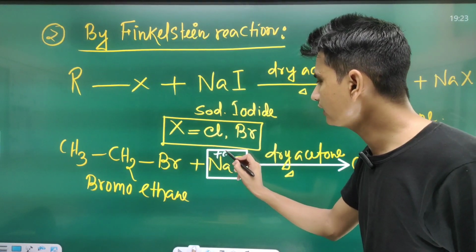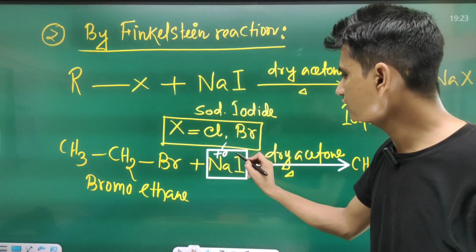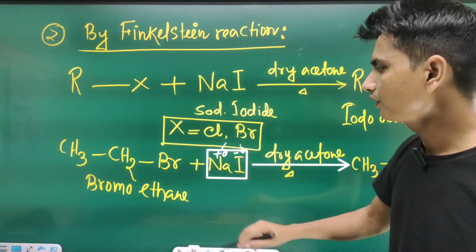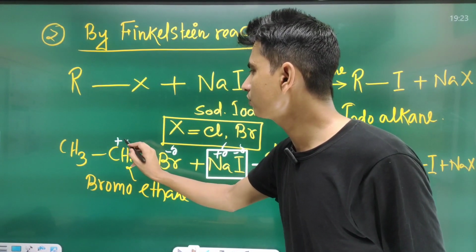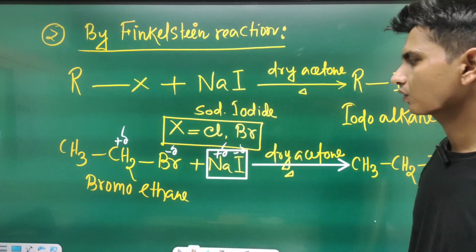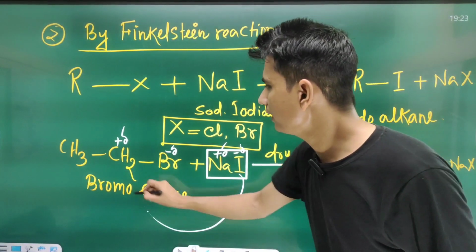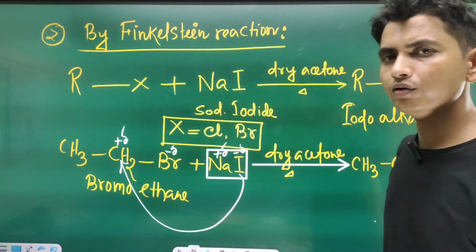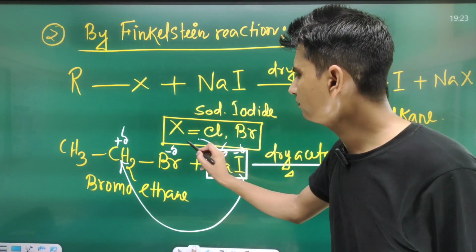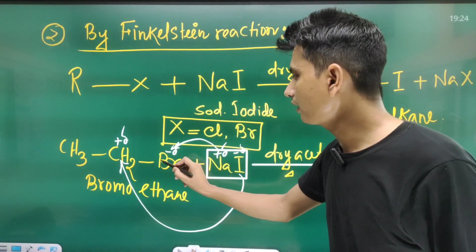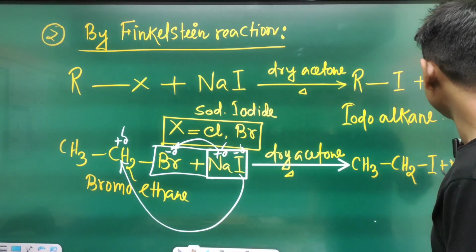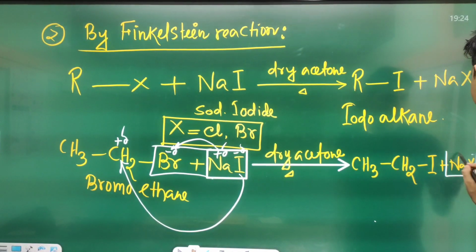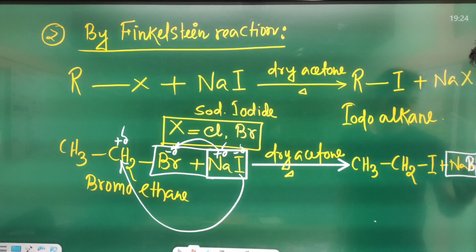That means this reaction actually happens like this. Suppose this metal is always positive, halogen is always negative. This is halogen, it is negative, but this carbon atom is always positive. That's why negative part will attack in this carbon atom, and sodium and halogen, this group will eliminate as NaX type, but X here is Br.